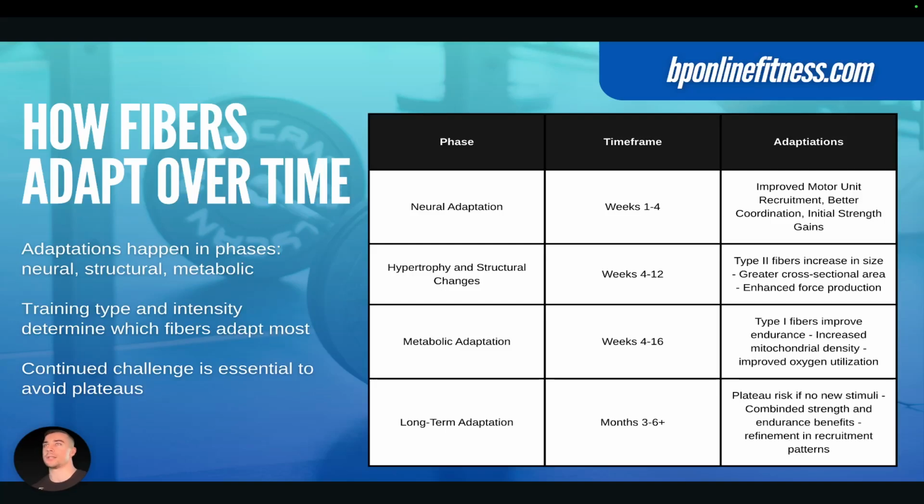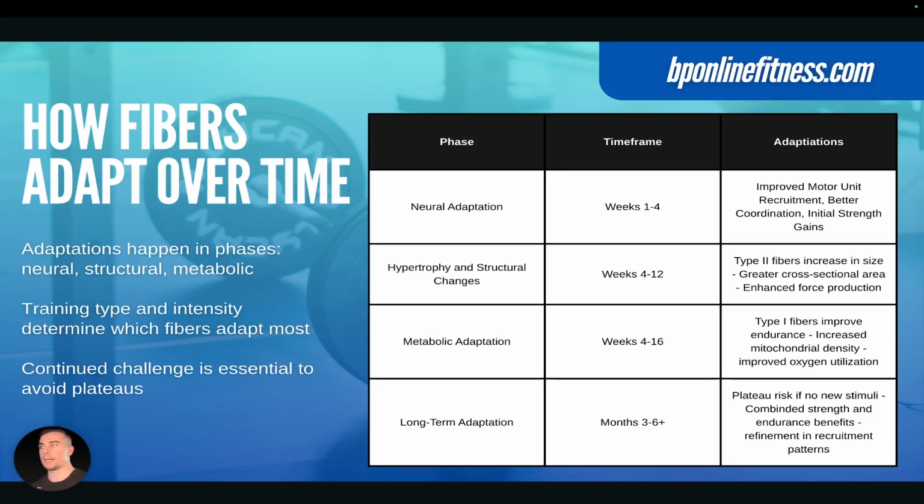That's okay. It's good that you have the habit of being consistent, but you do kind of have to change here and there a few things. You've got to add new stimuli, meaning new volume, new types of exercises to those muscles in order for them to adapt to new force that's being put on them, if that makes sense.